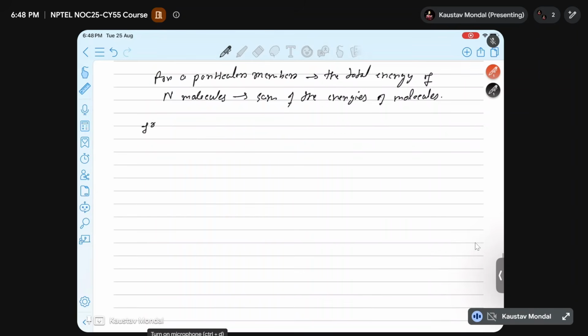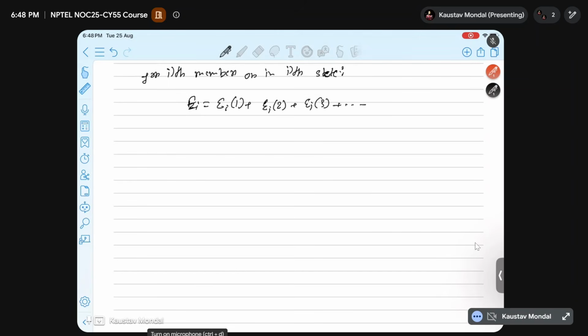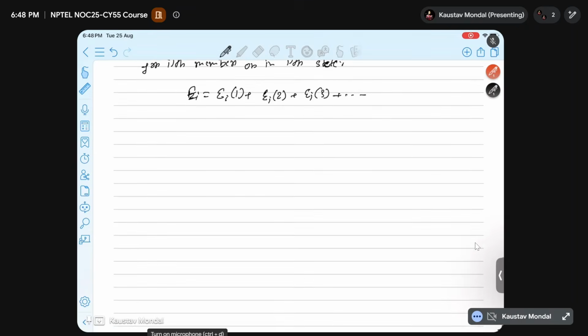For an ith member, let's suppose a particular member is in the ith state, E_i is E_i1 plus E_i2 plus E_i3, and so on. So E_i1 is the energy of molecule 1, E_i2 is the energy of molecule 2, provided the condition that the system itself is in the ith state, and E_i is the total energy of the ith system.